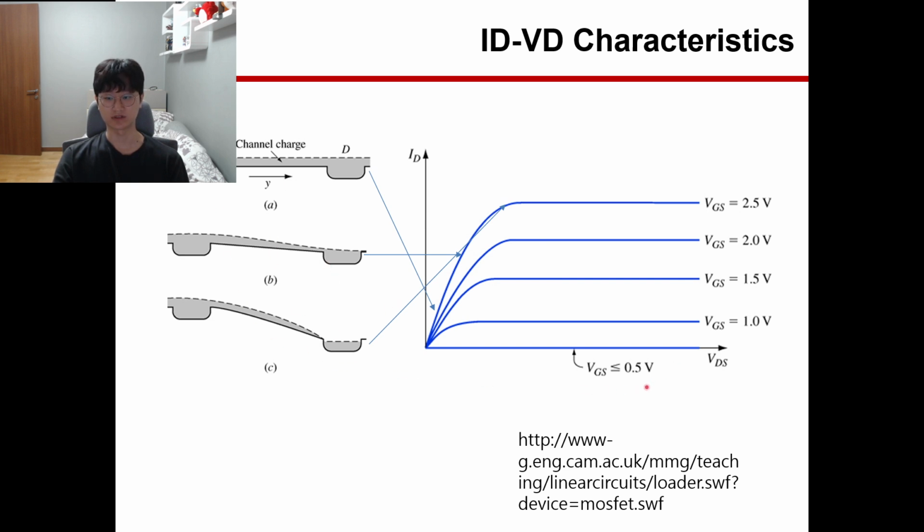This is the picture of the ID-VD characteristic. We apply bias more and more. The gate will saturate at the higher voltage between source and drain.